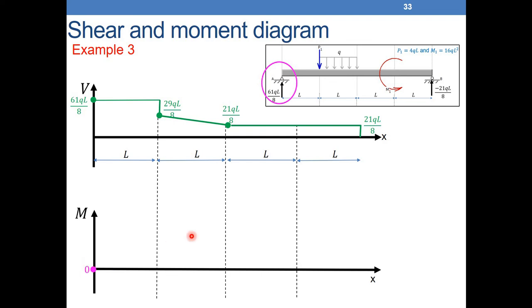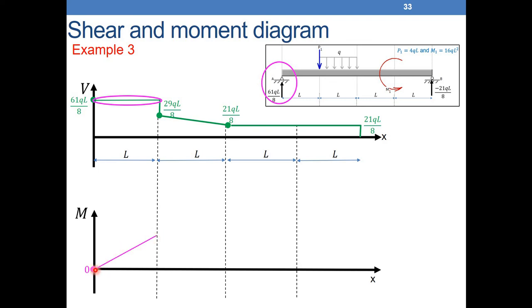Now between 0 and L, what do we know about V? V is a constant. So V is equal to 61 QL over 8. V is a constant means that M should be a line. And we know that dM over dx is equal to V. V is a positive constant, so M should be a line going upwards. How do I find the value of M at this point here?